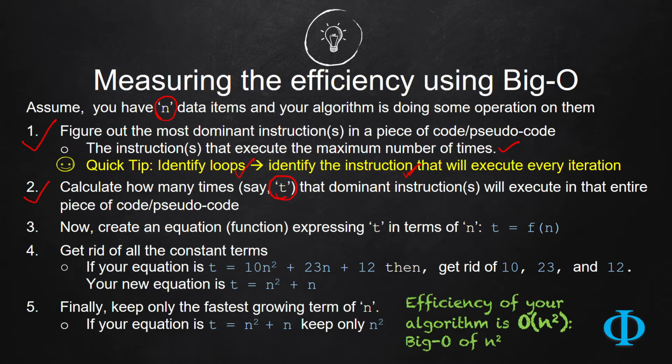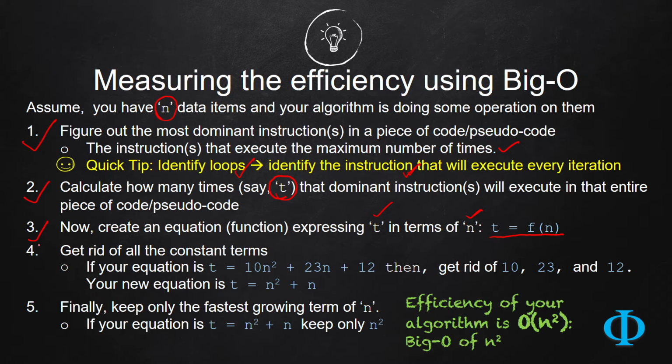After you got the count, in step 3 you have to create an equation, or simply a function, by expressing that t in terms of n, where t is the number of times the dominant instruction is executing and n is the number of data items. So basically you have to express t as a function of n.